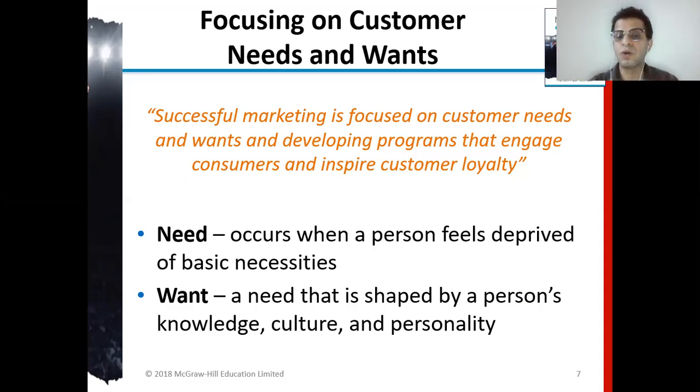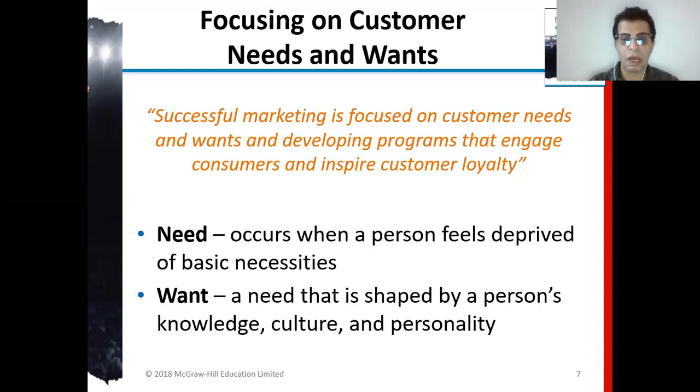A need occurs when a person feels deprived of basic necessities like food or water. A want is a need that is shaped by a person's knowledge, culture, and personality.